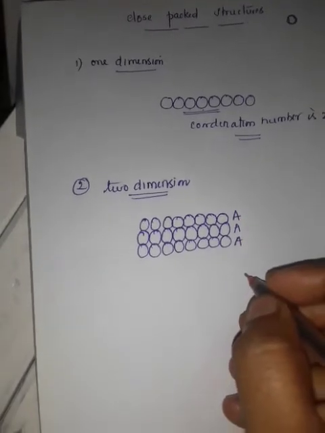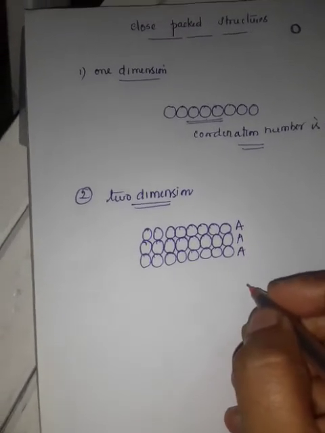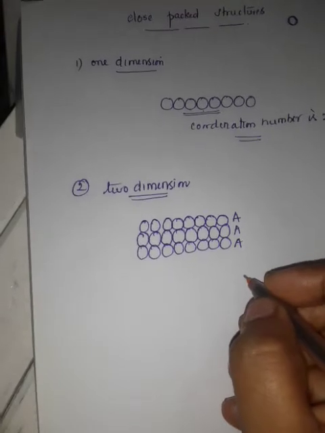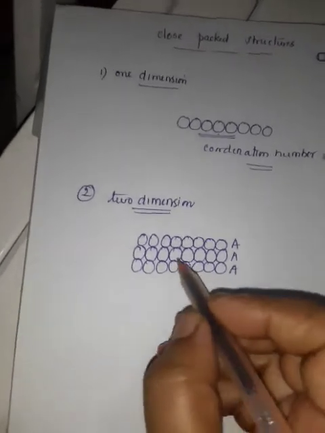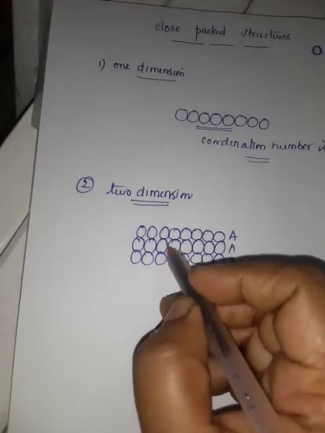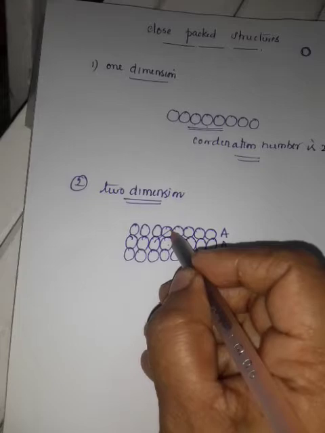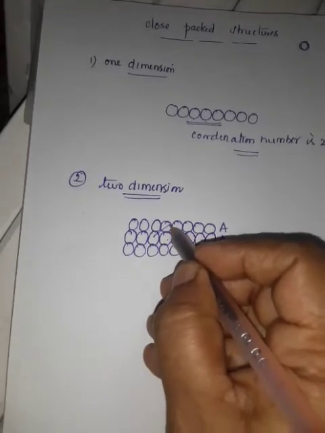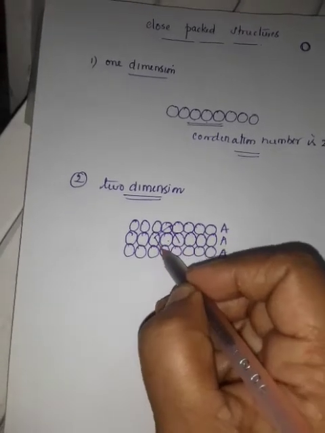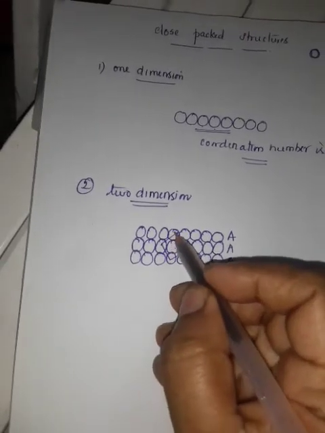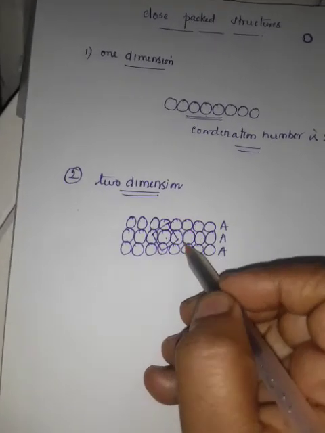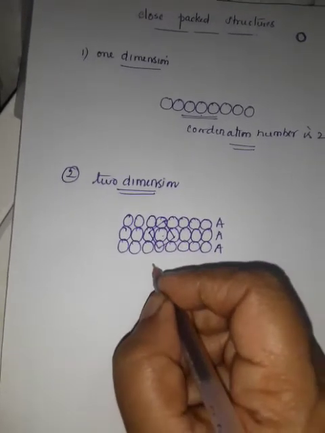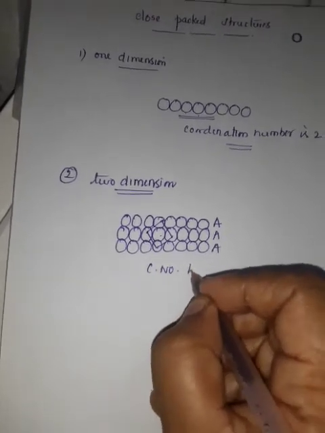In this arrangement, each sphere is in contact with 4 of its neighbors. Now I will show. If you take this sphere, see, 1, 2, 3, 4. Each sphere is in contact with 4 of its neighbors. So the coordination number is 4.